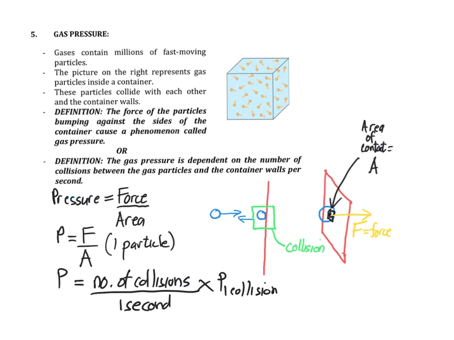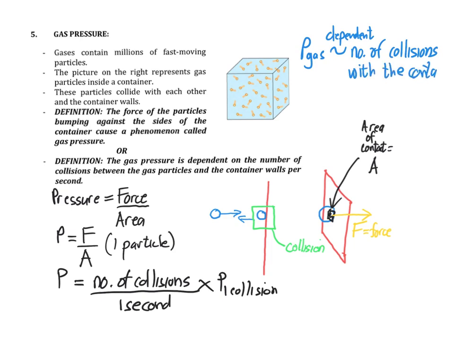So we can write this in mathematical terms as follows. We can say the pressure of a gas, I'm going to use this little squiggly symbol for is dependent, we use this often in science, on the number of collisions with the container walls per second.